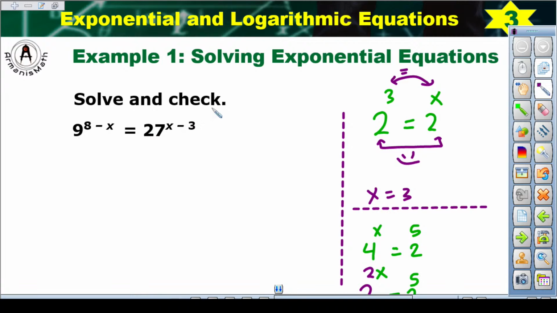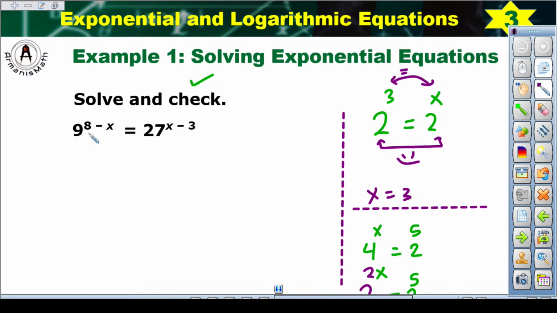I'm not going to do every single problem as solve and check, but this check part needs to be part of your solution because some of them are actually not going to work. Some solutions will not work, so make sure that you solve and check. I'm going to do it maybe twice in this lecture, but I'm expecting you to do it in every single example.